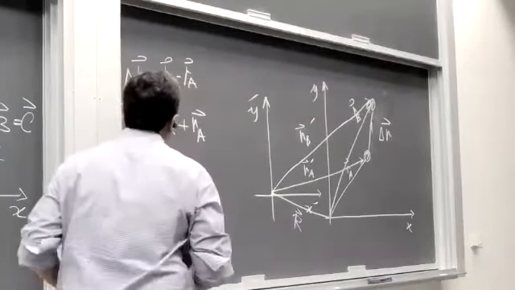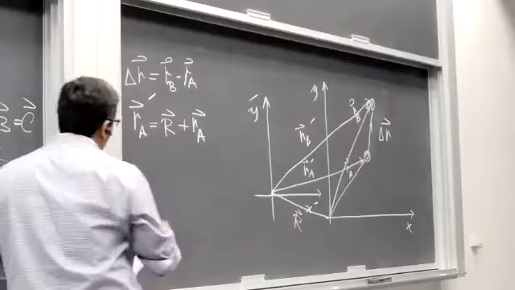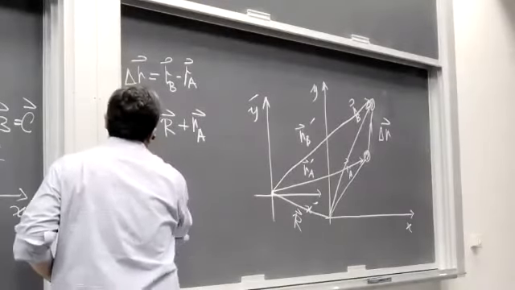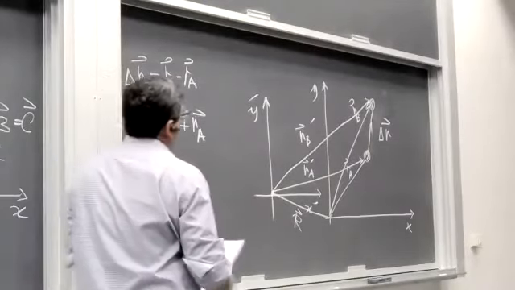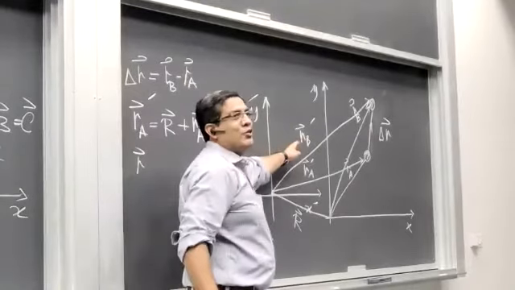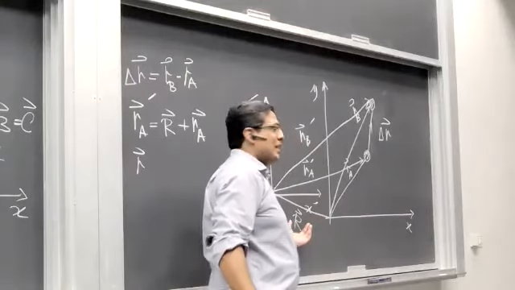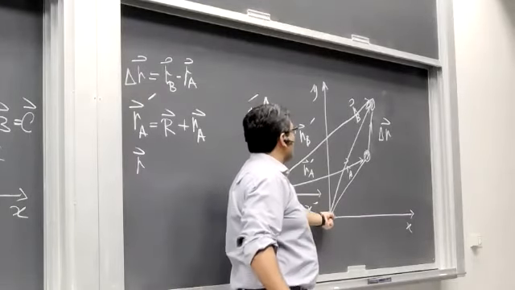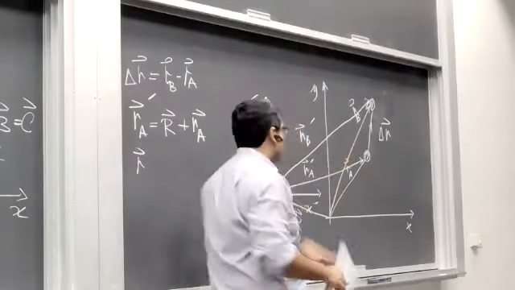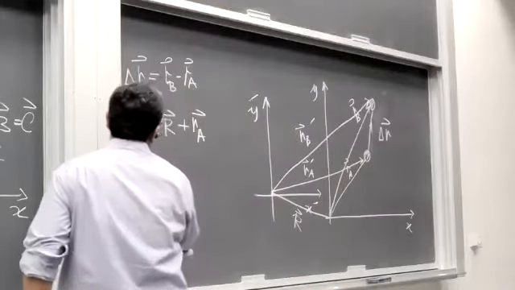Similarly, to go to position B, instead of going directly, you first go to the origin with this vector capital R, and then go to the position B in the old coordinate system. So you have a relationship.